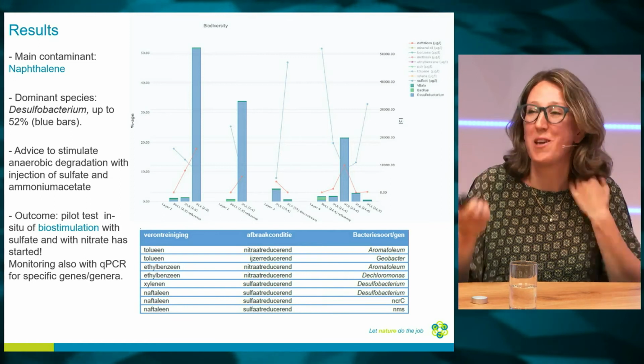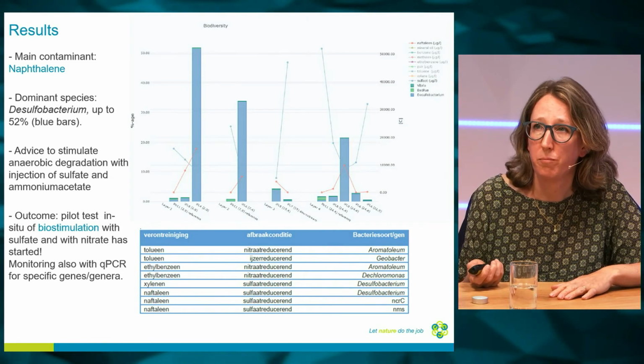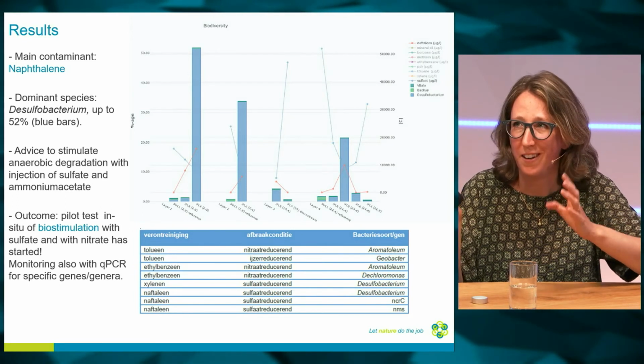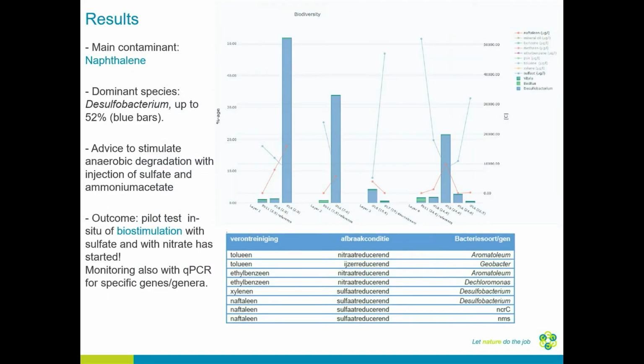This is just one of the examples of a site contaminated with naphthalene. And you can see very quickly that this is already filtered for species that are relevant to degradation of naphthalene, which is a whole bunch of different organisms. And you can very quickly see that this Desulfitobacterium is the dominant species in this contaminated site, and especially when compared to a reference.